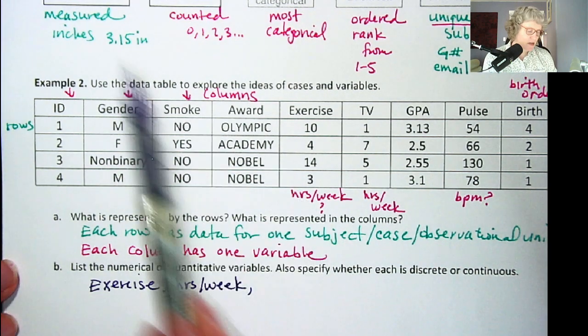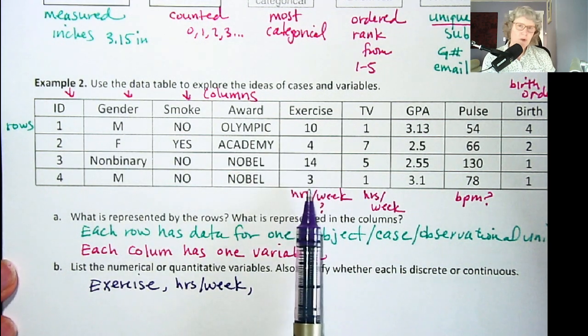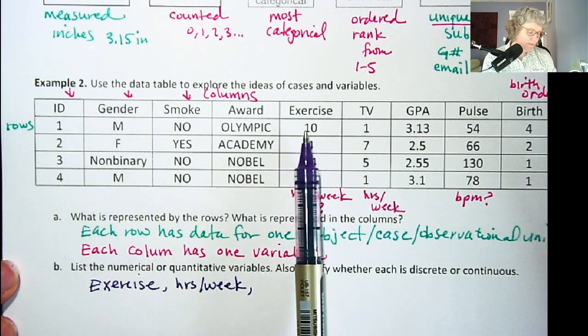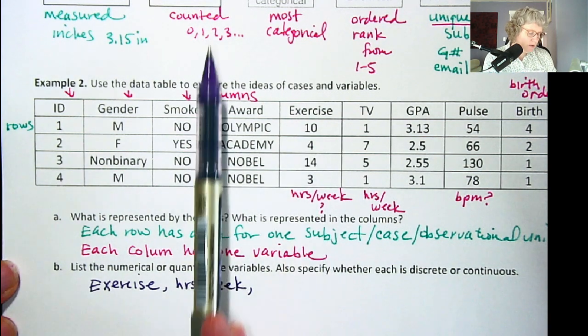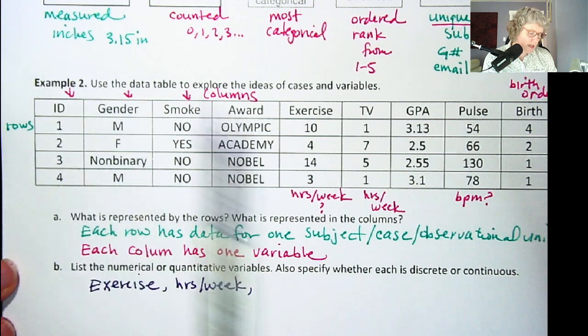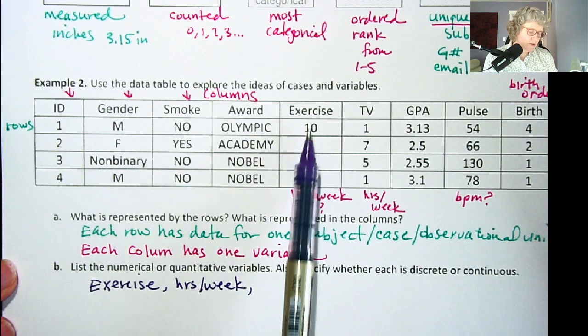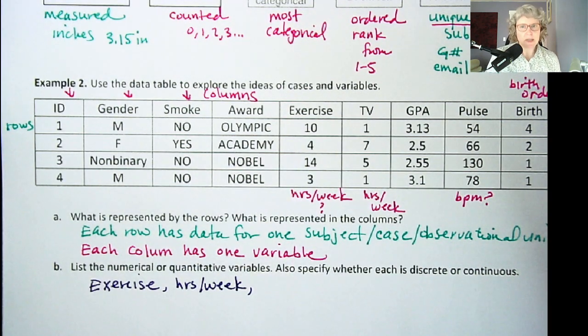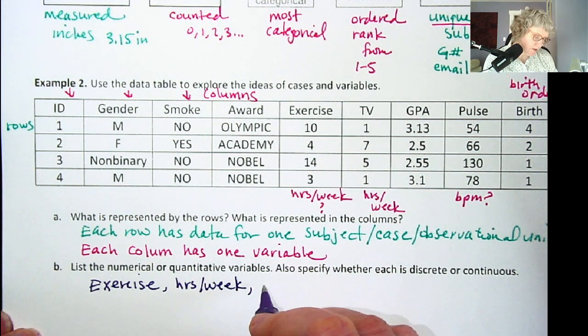Sometimes it could be either one, right? So there's not always one right answer in terms of this. Is it counted versus measured? If it's time, we might say we're measuring it. Especially if you can have any value in between, I would lean towards continuous. So I'm going to call that one continuous.